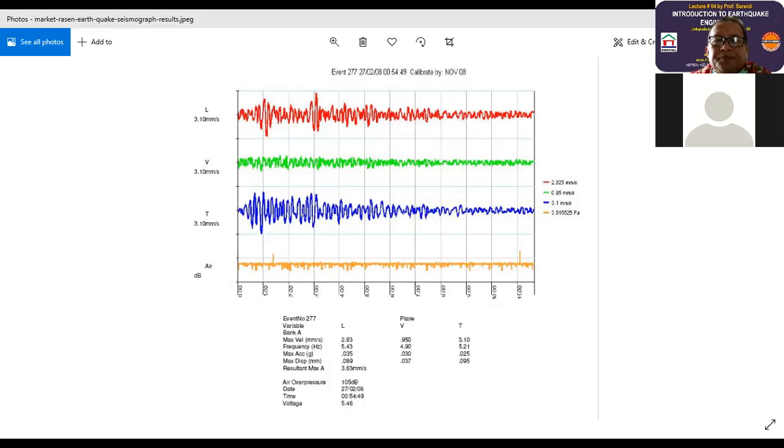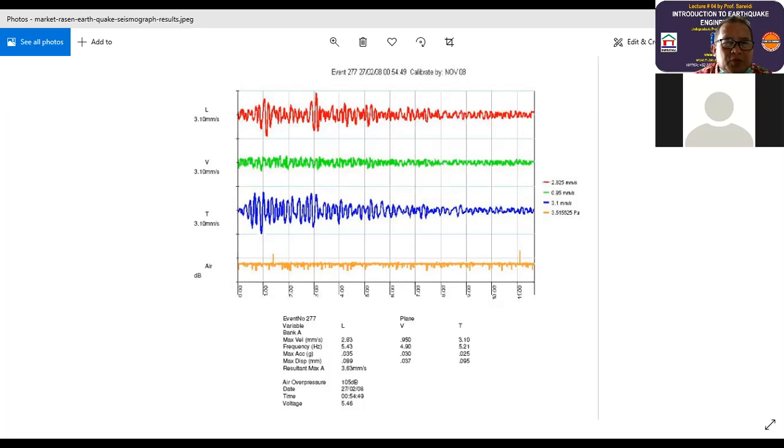Here, for example, we just type the keyword earthquake waves animation. So there are many animations of the form of the wave propagation.